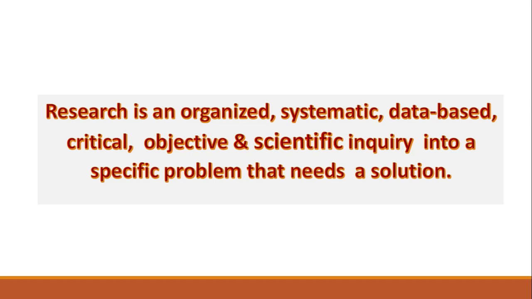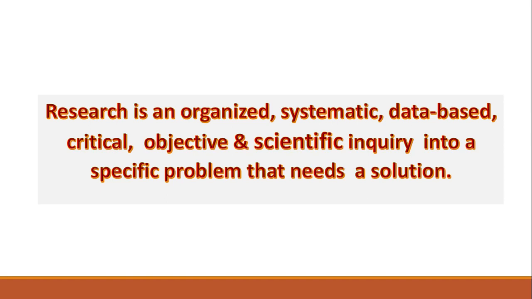So if you recall, in chapter 1 we discussed in detail that research is very helpful for managers to make decisions. And managerial decisions which are based on the results of a good research tend to be more effective. We can define research as an organized, systematic, data-based, critical, objective inquiry into a specific problem that needs to be solved.